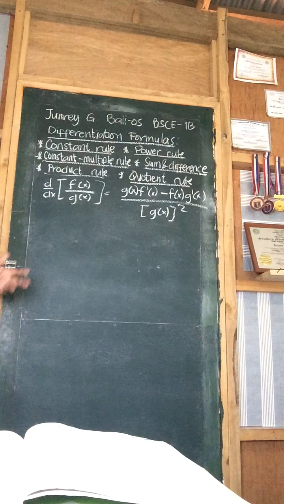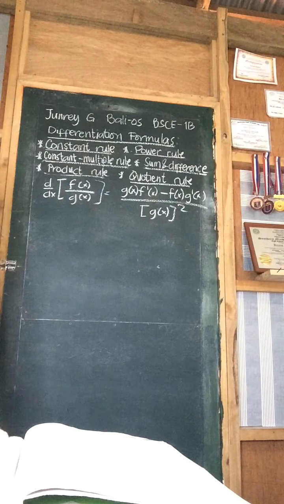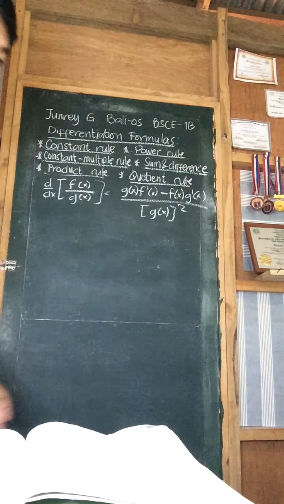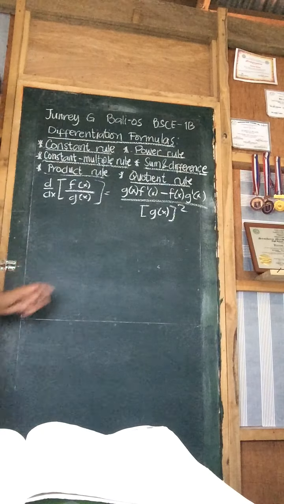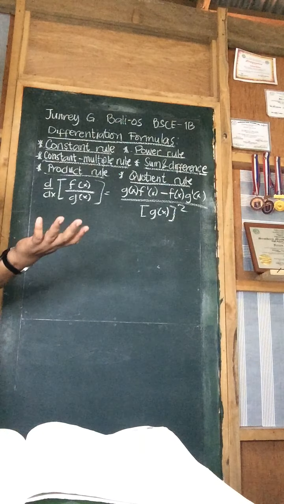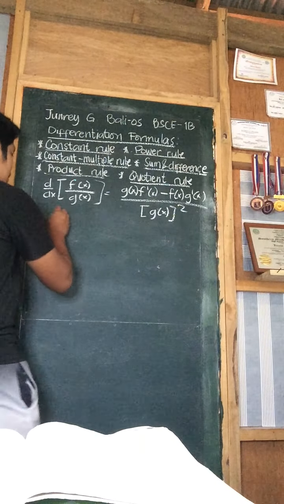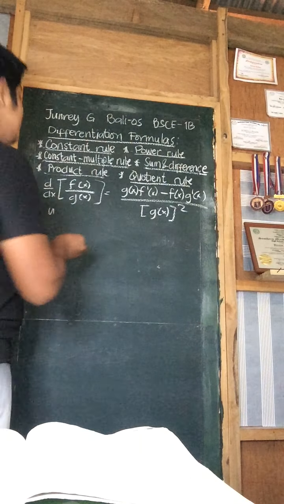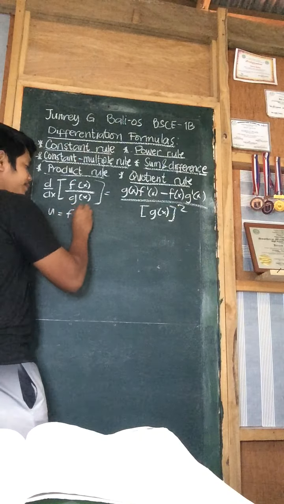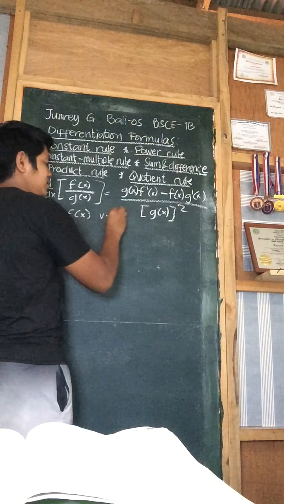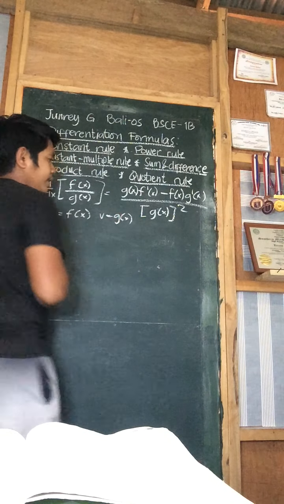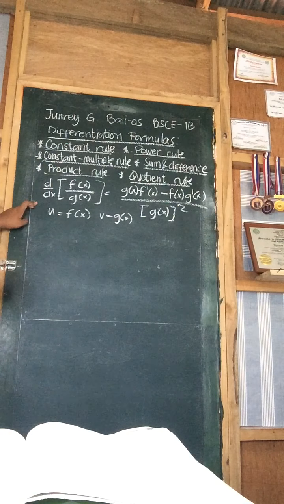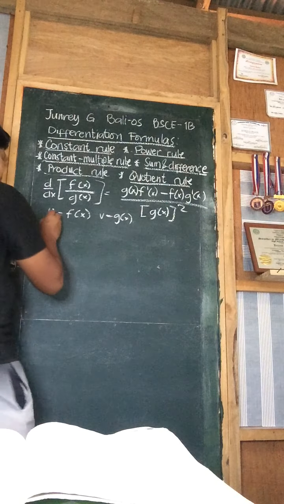So we can also use the substitution to easily remember the quotient rule, the u and the v. So we have this one. U is f of x pa rin, and v is the g of x pa rin. But iba na yung formula niya.